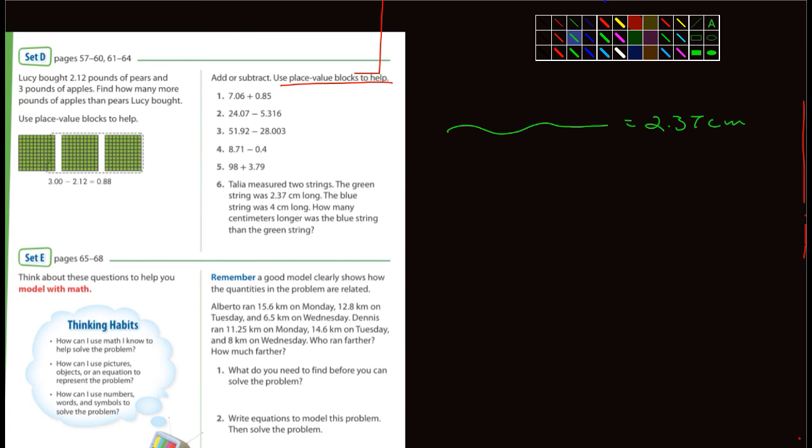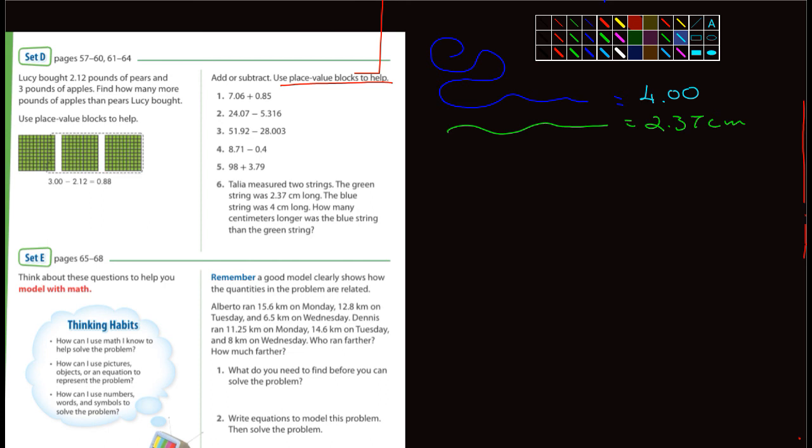And there was a blue string. A blue string was 4 centimeters long. So I'm going to just do a little curly Q up here, and so that's definitely longer. That's kind of hard to read, so I'll do that in a lighter blue here. And that was 4 centimeters. Notice I put the zeros there for place value.